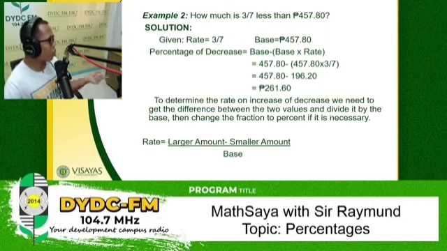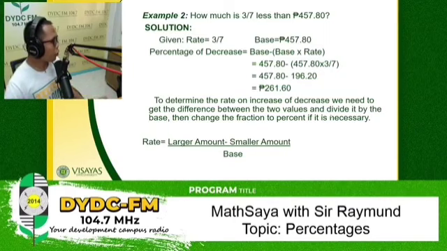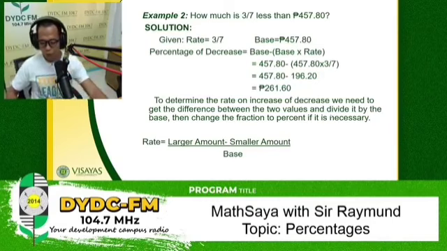So the rate is equal to the larger amount minus the smaller amount over the base. That is already your rate in decimal form. But if you want it in percent, you just multiply it by 100. So larger amount minus the smaller amount over the base, times 100, so that will be your rate.